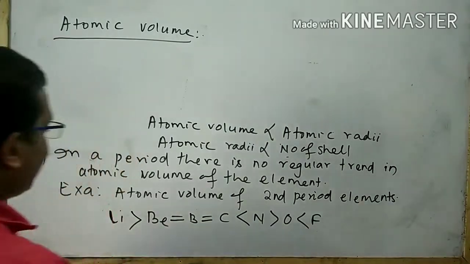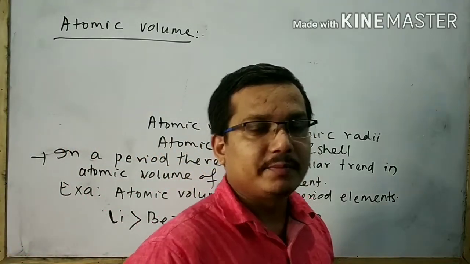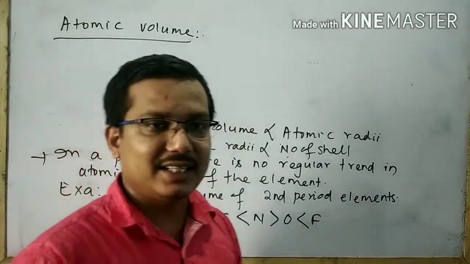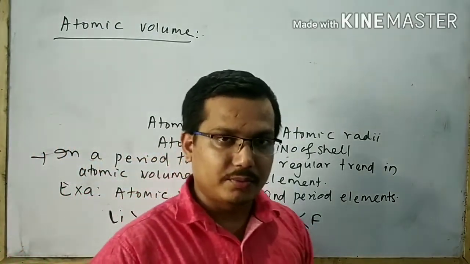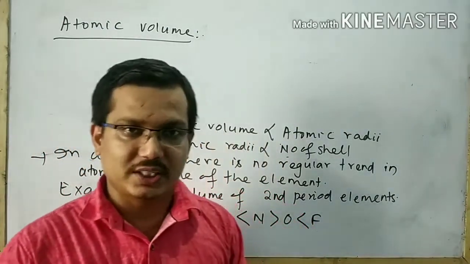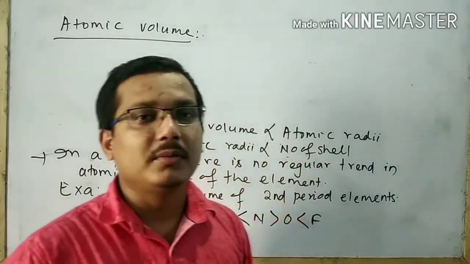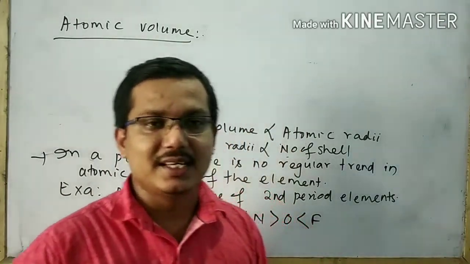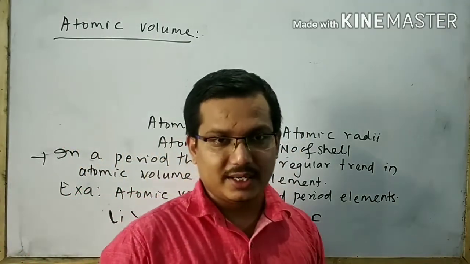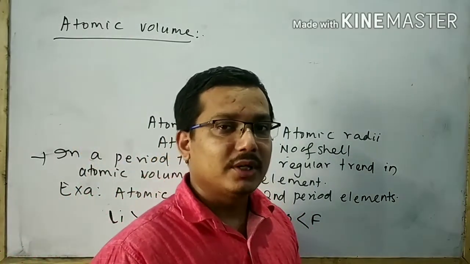For the elements present in a group, we know that the atomic radii goes on increasing from top to bottom of a group due to addition of new shells. In every atom from top to bottom there is an addition of new shells. That means there is an increase in the atomic radii. If atomic radii increases, obviously the atomic volume increases.